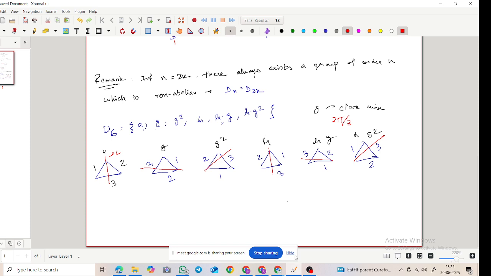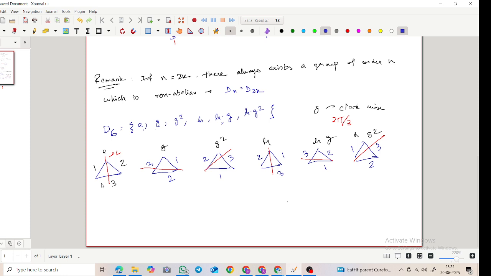Can you observe one thing? See this. All these rotations and all these things are nothing but permutations of 1, 2, and 3, right?